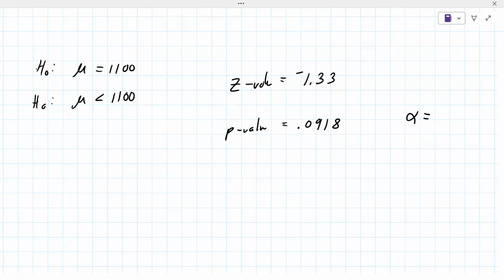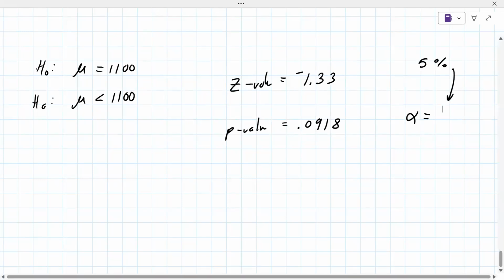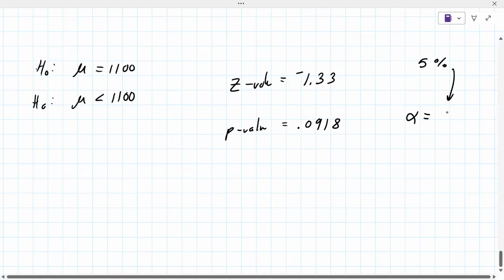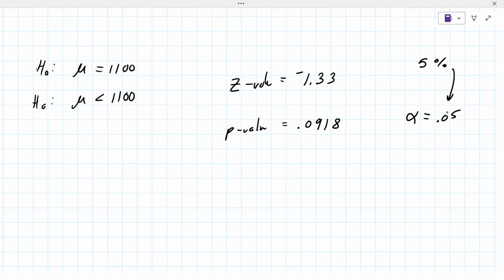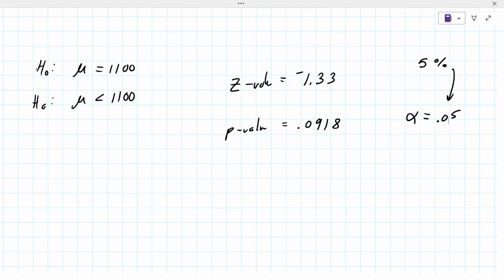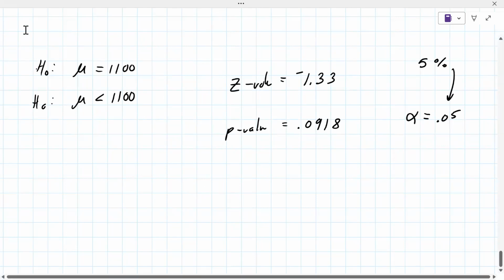Right, and let's say that it's a 5% level of significance. What is the alpha value in that case? It would be 0.05. Do you reject or fail to reject?